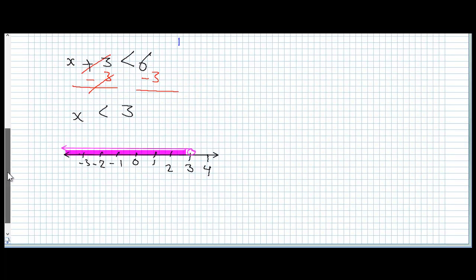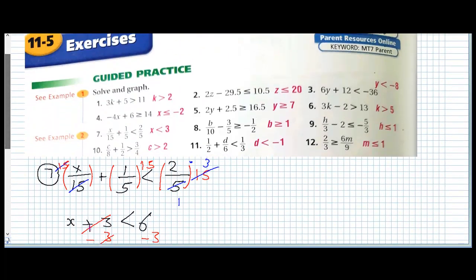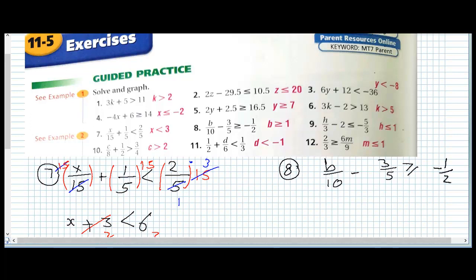Let's go next. Question 8. I have b over 10 minus 3 over 5 bigger than or equal to negative 1 over 2. First I want to remove the numbers down.